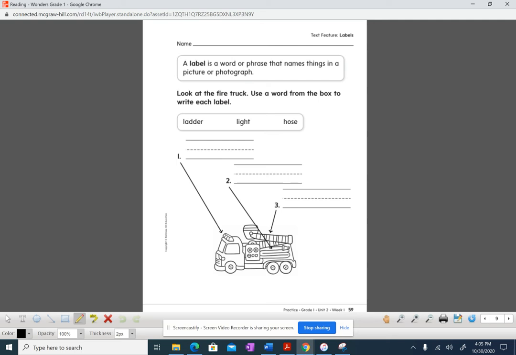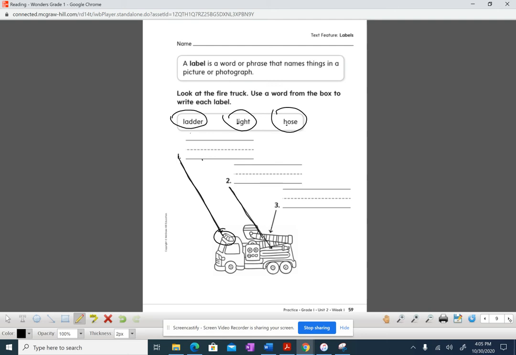All right, and this is labels again. A label is a word or phrase that names something in a picture. So let's read the labels. We have ladder, light, and hose. Ladder, light, hose. So if you could figure out number 1, looks like it's a ladder, light, or hose, and write the word here.